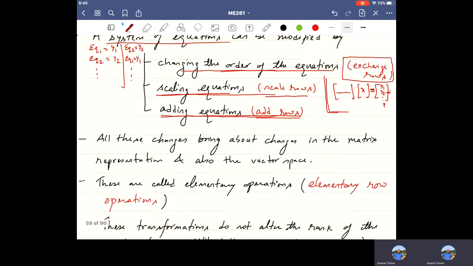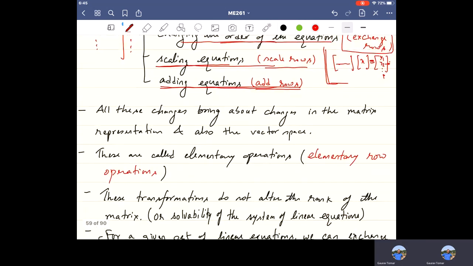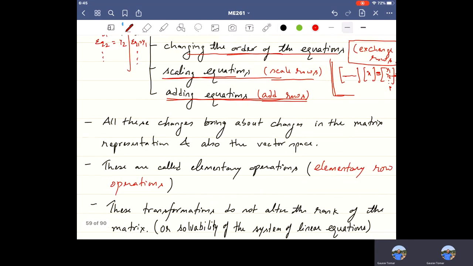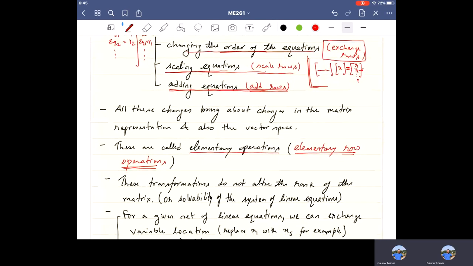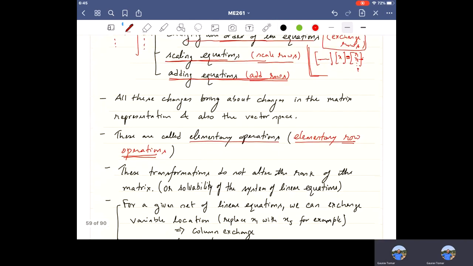Now, as I said, they do not change the solutions, and therefore they're called elementary operations. We have talked about row operations: exchange of rows, scaling of rows, adding of rows. These are elementary row operations, and they don't change the nature of the mapping Ax to y.